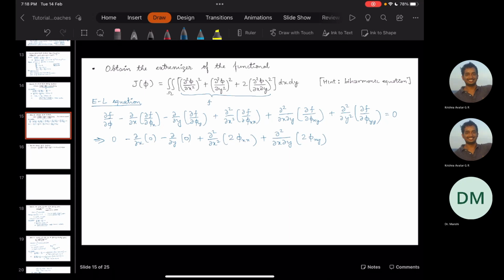And plus, this is given 2 phi y y. I have made a slight mistake here. It should be 2 into 2, it's 4 actually. Fine. Let's factor out 2 and dump it on the right hand side.